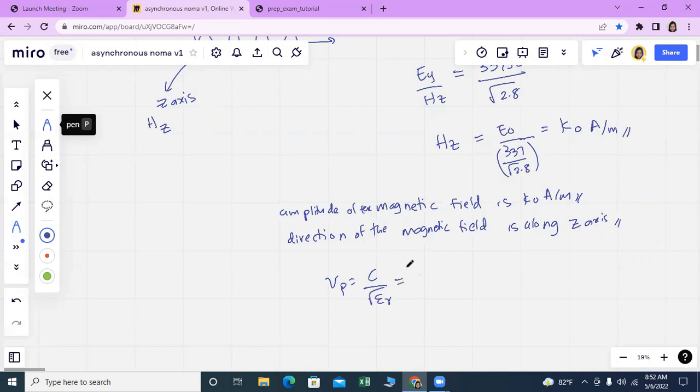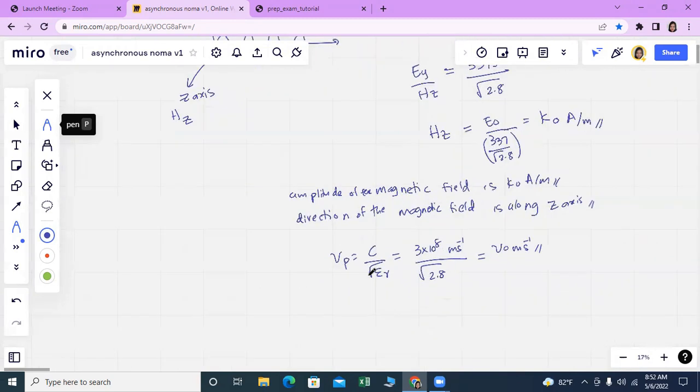So you divide 3 times 10 to the 8 by the square root of 2.8, and then you will be able to find the velocity in meters per second. So the velocity of the wave is v naught meters per second.